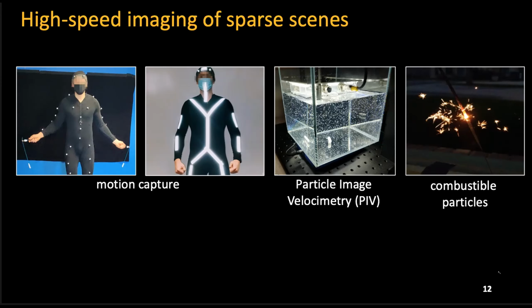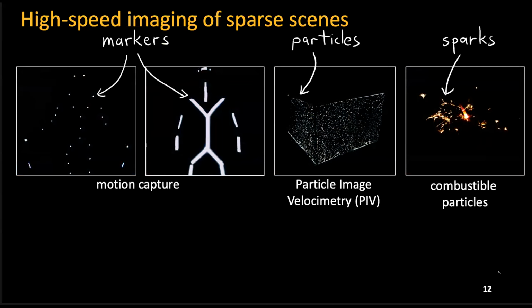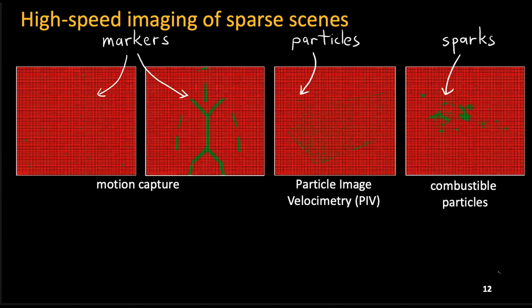How do we capture these kinds of scenes where you have bright, sparse specks? If you look at any of these things, they are sparse. They occupy really a small part of the imaging plane, and we want to be able to capture these things at high speed.